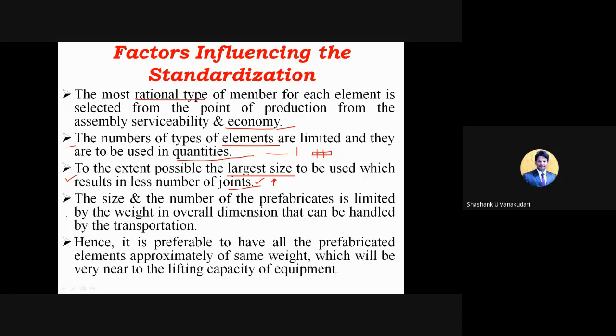Then the size and the number of prefabricates are limited by the weight and overall dimensions that can be handled by the transportation. So even when you are using similar dimensional structural members, you can choose a better transportation vehicle at once, because if you do not follow standardization and each and every structural member is different from the others, you need to choose different types of cranes for particular structural members and even different transportation vehicles.